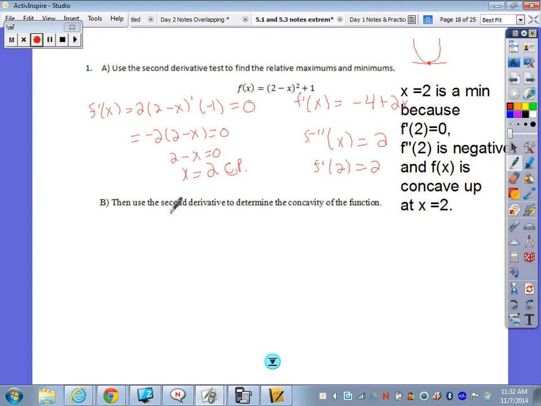We use just the second derivative to determine the concavity of the function by making a sign chart like we do for the first derivative. So I'm going to do f and f double prime. I'm going to use what we just said. So my critical point is 2. But there are no points of inflection because the second derivative is never 0. So you don't have to put a 2 here actually. You can just say there are no points of inflection.